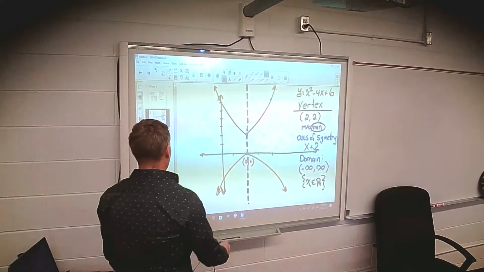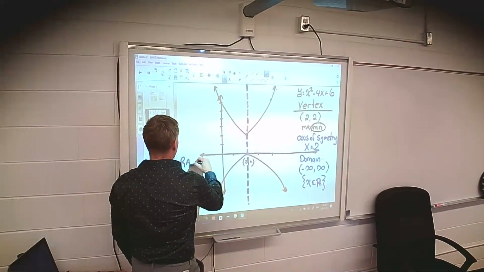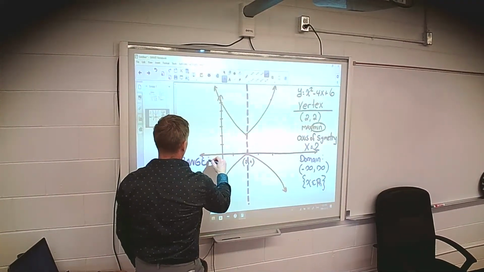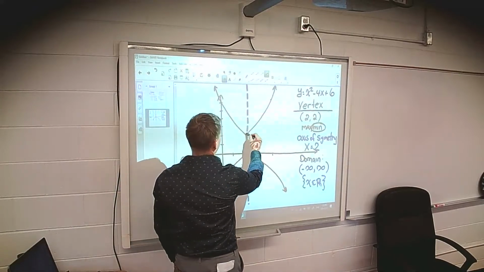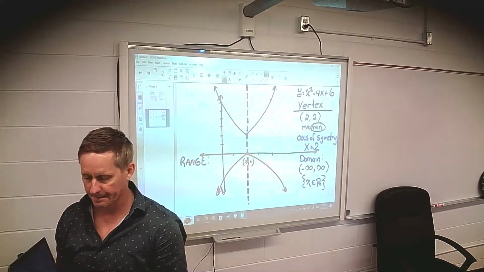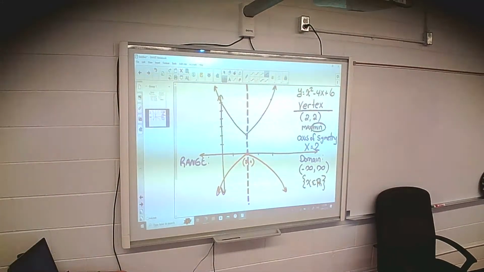Okay, now let's look at the range for this graph. In words, describe the range of this graph right here. Where are all my y's located? Above 2. Okay, so my range are all the y values above 2.